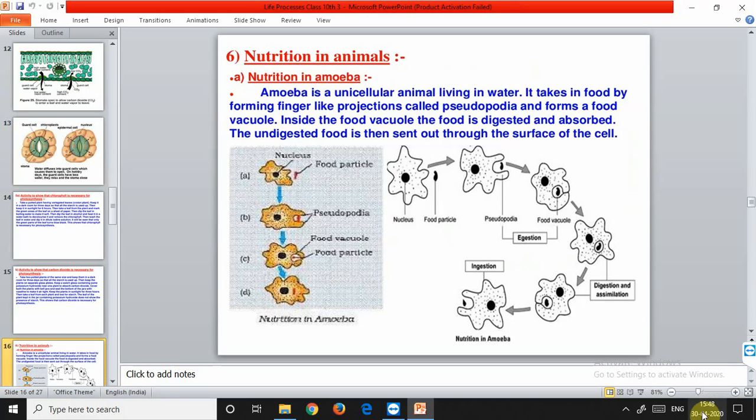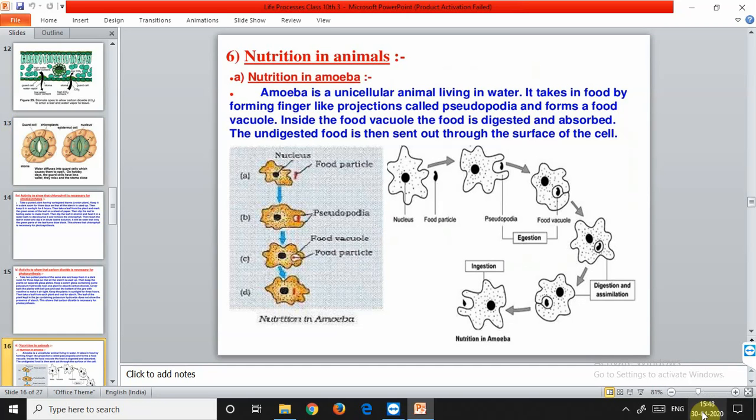That's why there is no division of labor. Division of labor means various work is allotted to different sites. But as only one cell is present, there will be no such division. Whereas in the case of multicellular organisms, there are different cells, and different cells perform different kinds of functions.